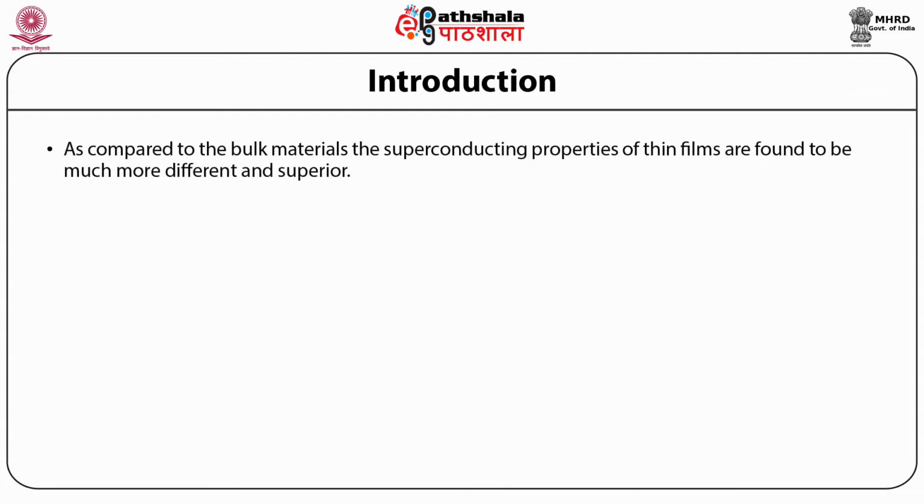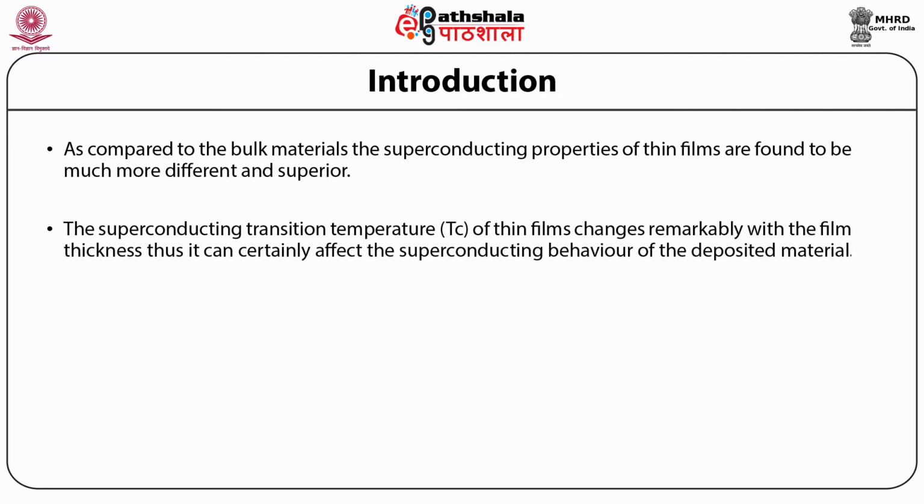As compared to bulk materials, the superconducting properties of thin films are found to be much different and superior. The superconducting transition temperature Tc of thin films changes remarkably with the film thickness. Thus, it can certainly affect the superconducting behavior of the deposited material.